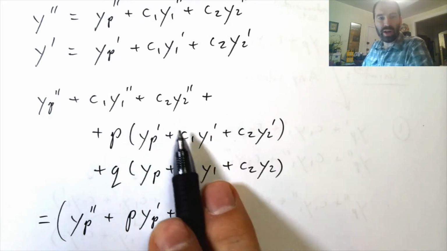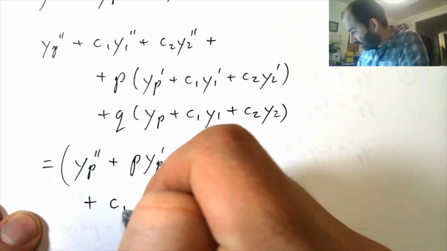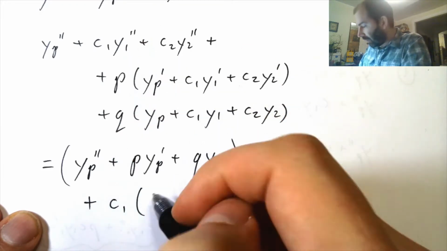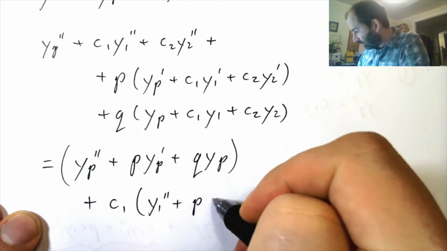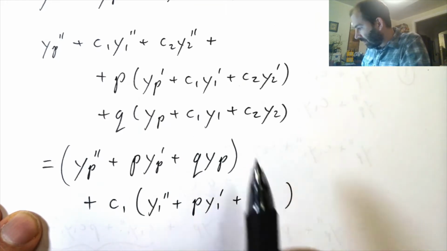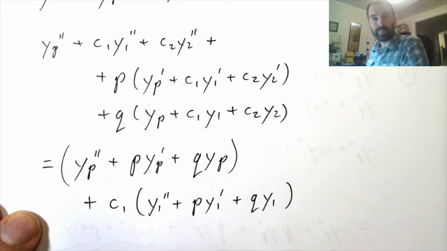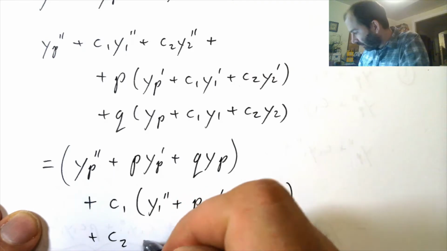Notice they all have a constant c1 multiplied by them, so I can just pull that out. What's left over? I get a y1 double prime plus p times y1 prime plus q times y1. Then do the same thing with the y2s. They all have a c2 in front of them, which you can factor out.